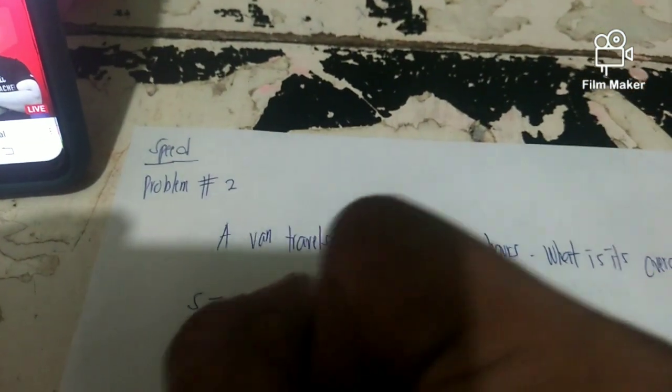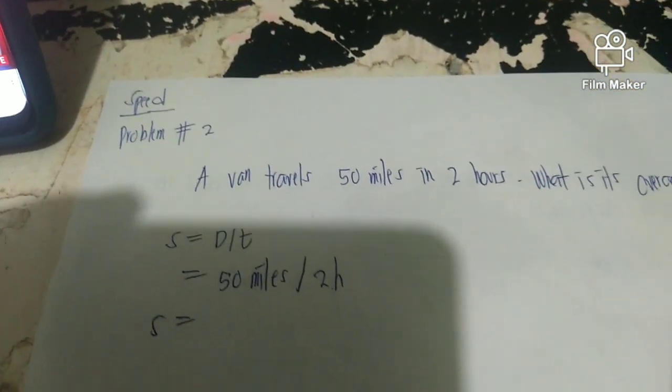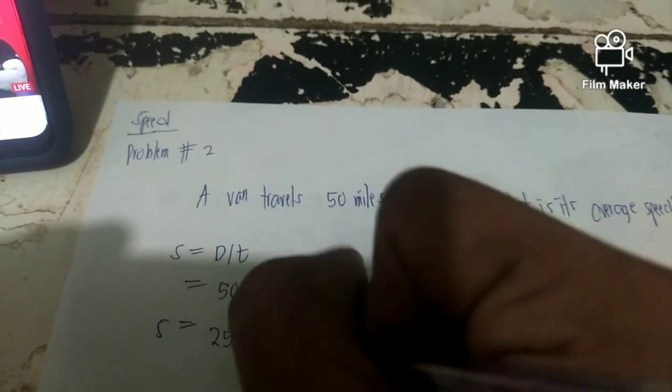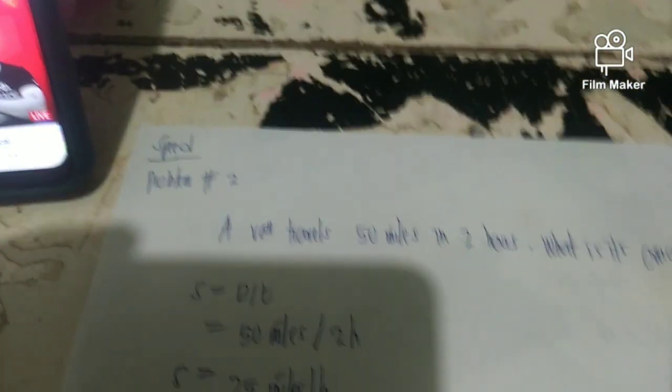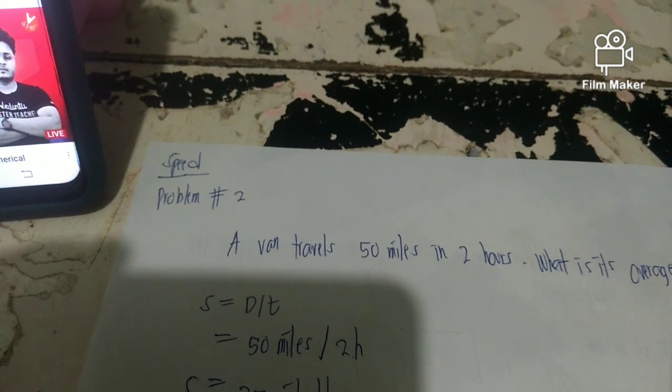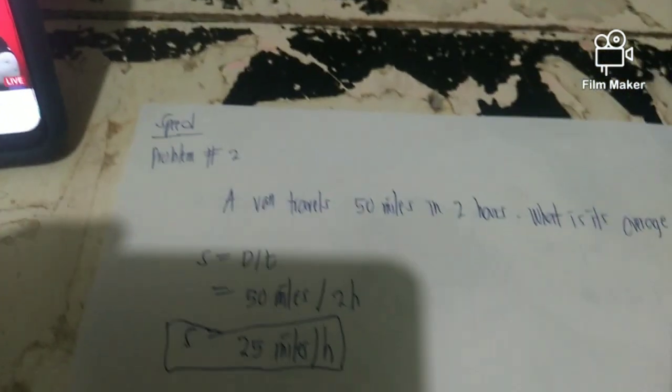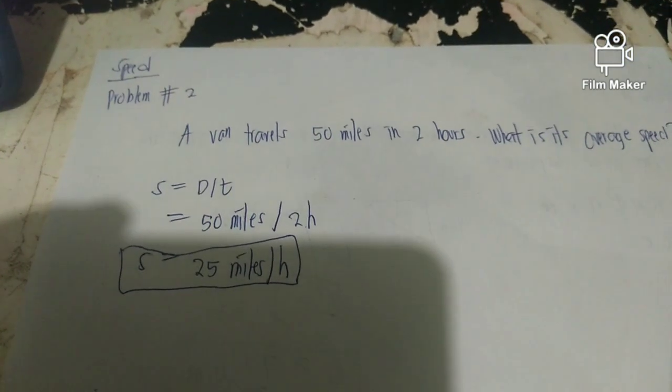So 50 divided by 2 is equal to 25 miles per hour. So our speed is 25 miles per hour.